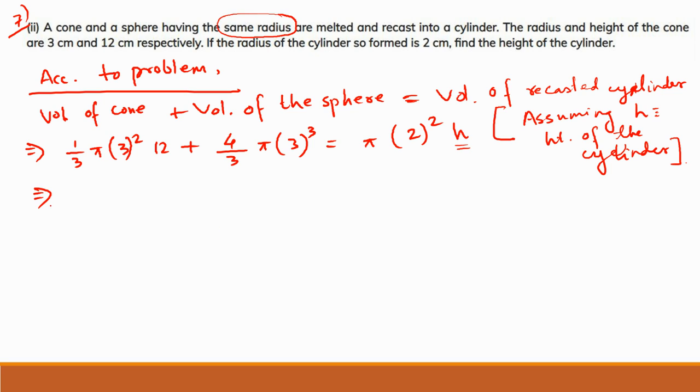So from here, if you see, pi will get cancelled, 3 will go out, 1 3, this will go out, this will give 2, so this is 36. Just don't cancel these 3 and this 3 like this, right? Because when you are given something like 4/3 pi r cube, actually you can do like this, this should be 3 square, right?